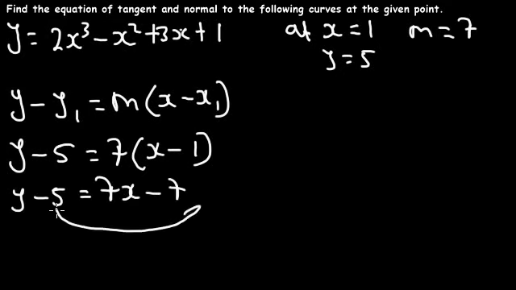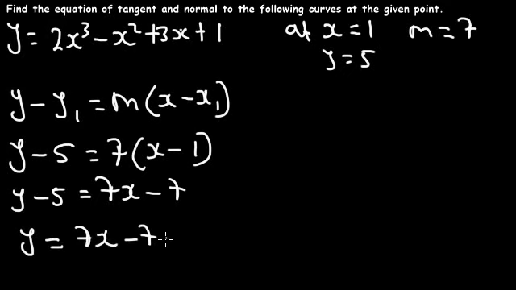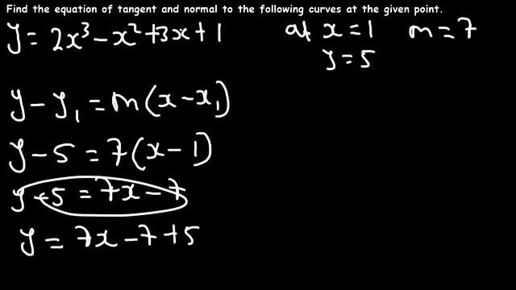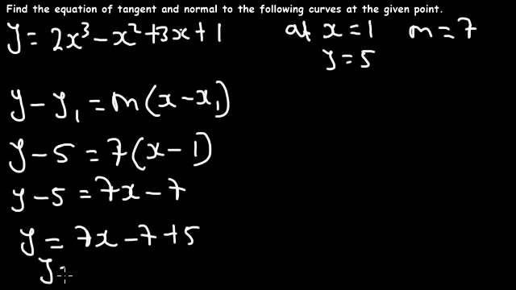Then I'm going to solve for y. Isolating y, we have y equals 7x minus 7 plus 5, as we add 5 to both sides. And finally, we have y equals 7x minus 2. And this is the equation of the tangent line to this curve at x equals 1.